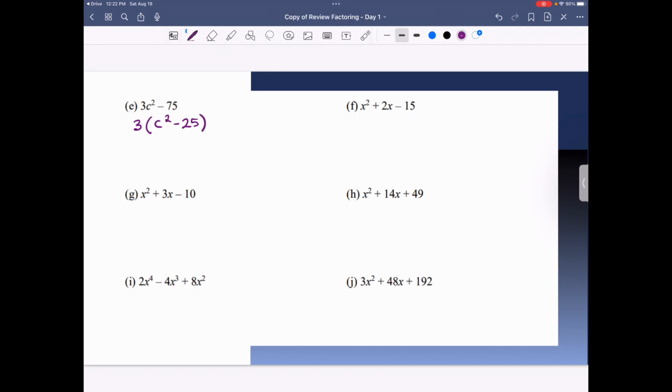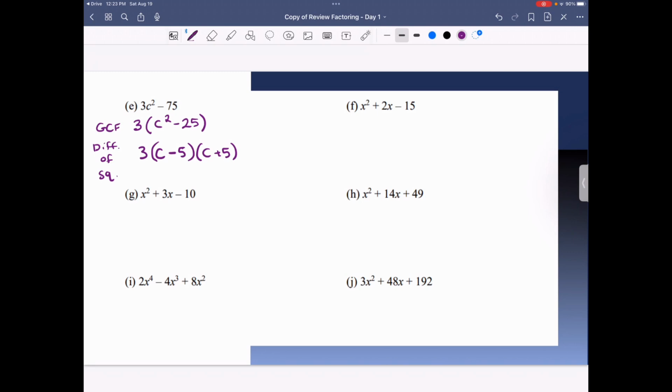And I notice that that is a difference of squares. So we first started with the GCF, and then we did difference of squares. So the square root of c squared is c, the square root of 25 is 5, and then I write c minus 5, c plus 5. Bring down your GCF of 3.